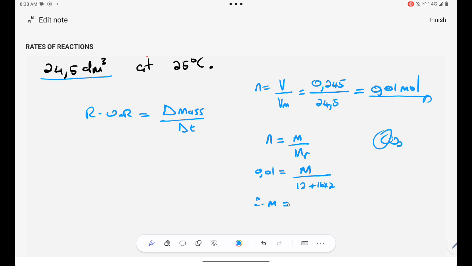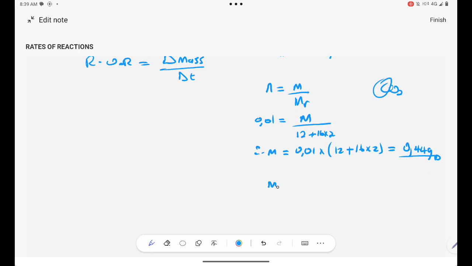Therefore, the mass is 0.01 multiplied by (12 plus 16 times 2). This will simply give me the total mass that was formed to be 0.44. So the mass of carbon dioxide produced in experiment 1 is just 0.44 grams.